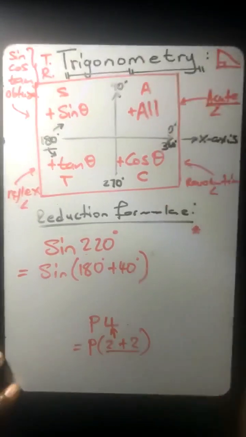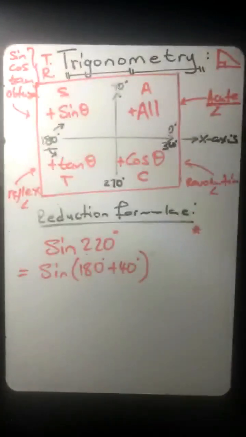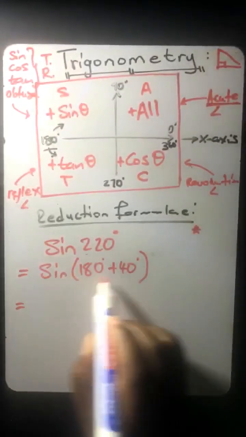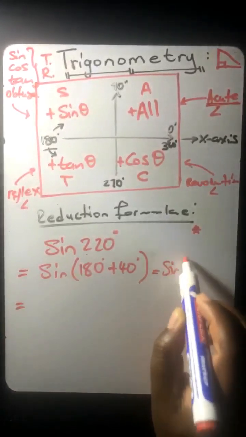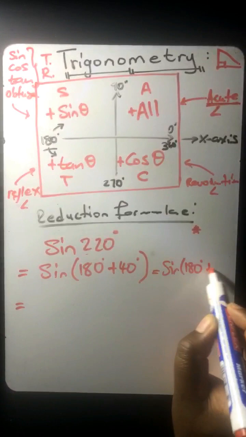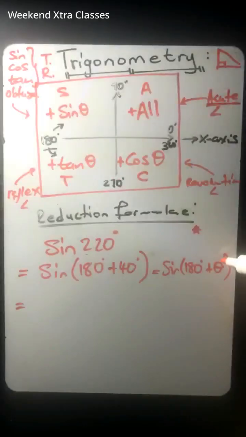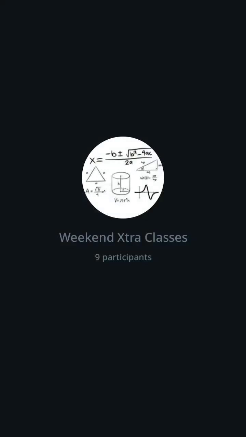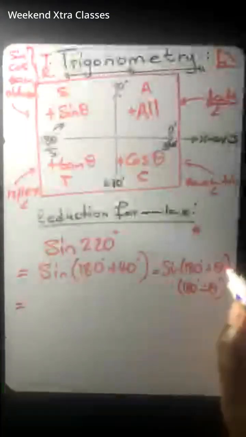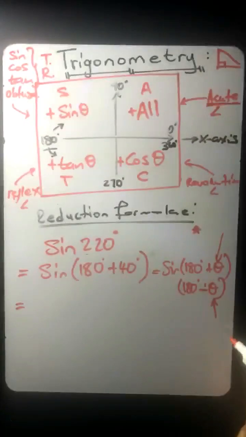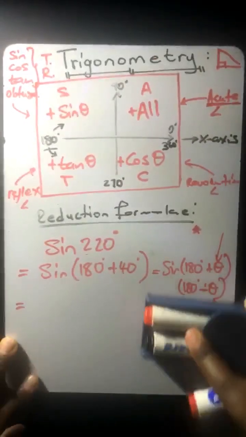So let's see. Now, this is what you do. Can you see, it now looks as if it's sine of 180 degrees plus an angle. So on reduction formulas, either the one of 180 plus or 180 minus angle theta, this angle is always an acute angle.